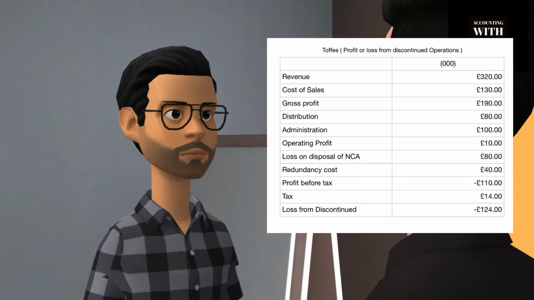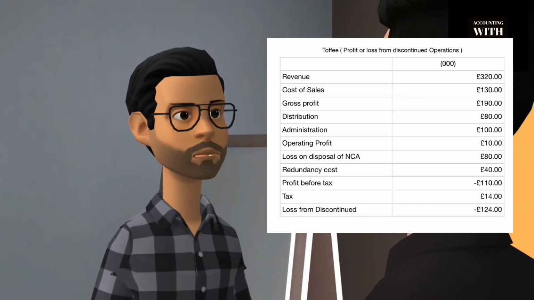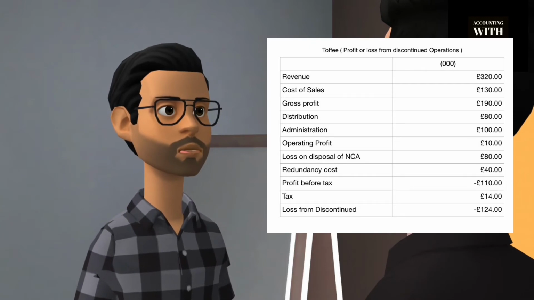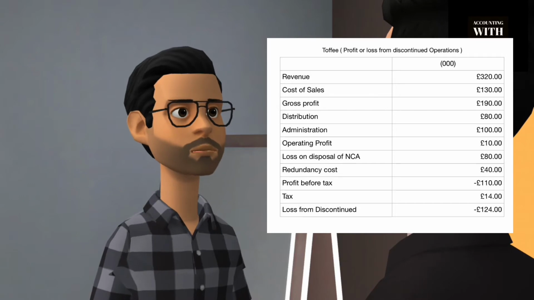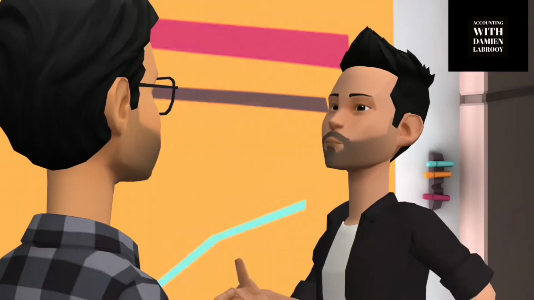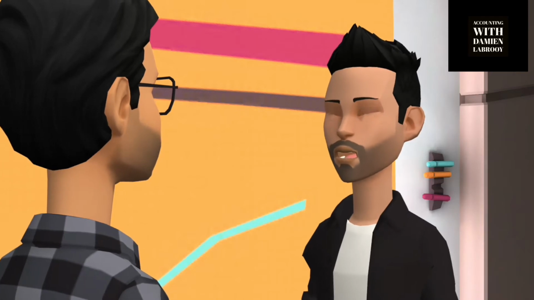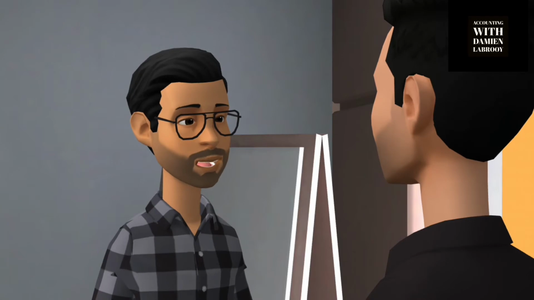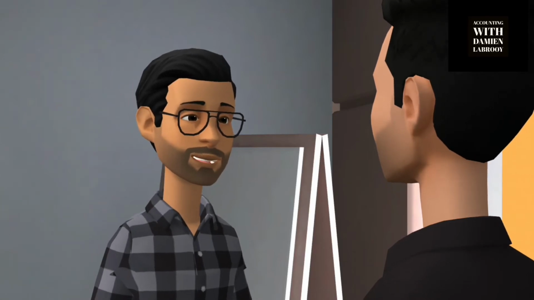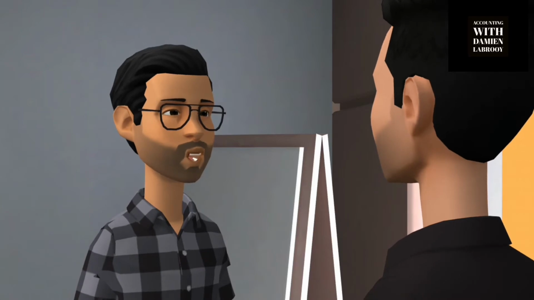This figure would be arrived at by calculating the post-tax profit or loss of the discontinued operation and the gains or losses arising from classifying the assets as held for sale. So the assets of the discontinued operations will be classified held for sale? Yes, the assets of the maintenance center will be considered as a disposal group if those assets meet the recognition criteria.